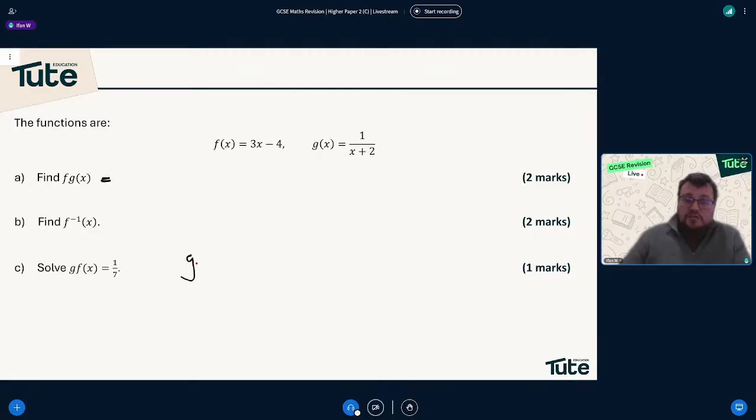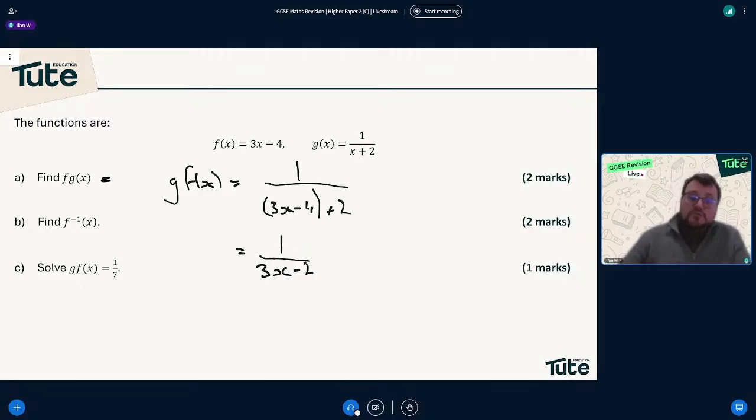So g of f of x would be 1 over 3x take away 4 plus 2. Move that up there. What you have then is 3x take away 4 plus 2 gives you 3x take away 2.